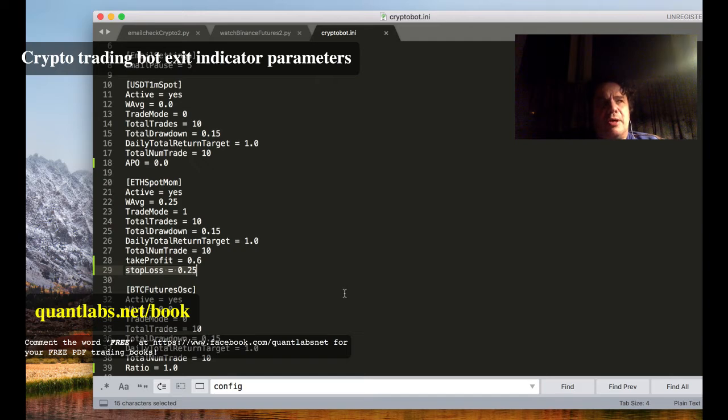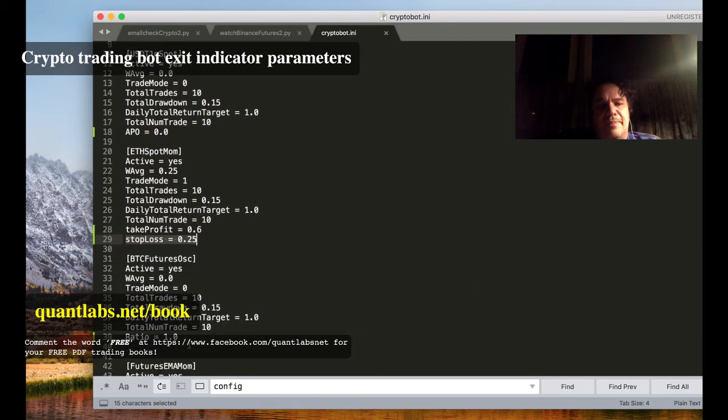So the buy on entry is 0.1%, and then the sell on the exit is another 0.1%. So you're dealing with 0.2% for a commission fee. So I figure, and again, you can change it, the stop loss, if it's less than 0.25% move up, get out of the trade. So that's what I'm doing here.